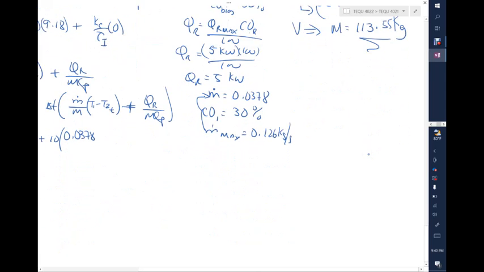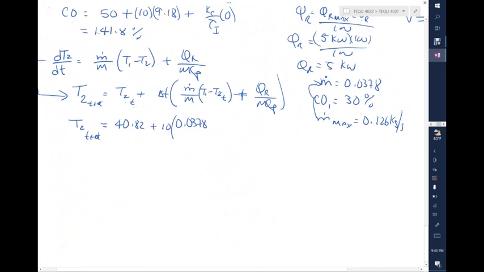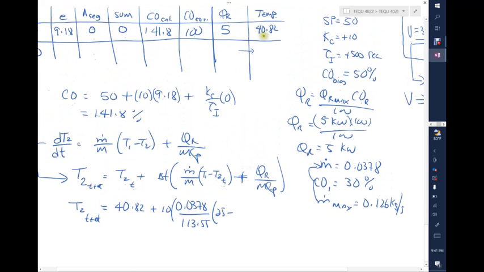With that number, that is the one that will go here. 113.55 kilograms. T1, that's 25, minus T2, this is in the table, that's this 40.82, plus QR, which is in this case 5, divided by the M. Sorry, this is not M dot here, it's M, big M, that's 113.55, and 4.18, close the parenthesis.